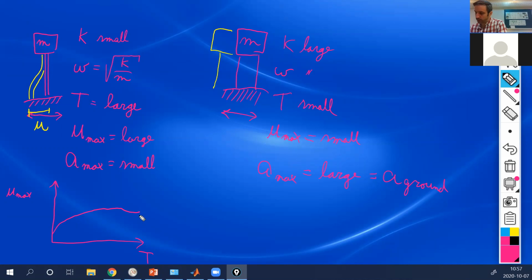So at this point, we are with a very large period. A large period means a structure that takes a lot of time to move back and forth. And that means that the structure is very slender, okay?